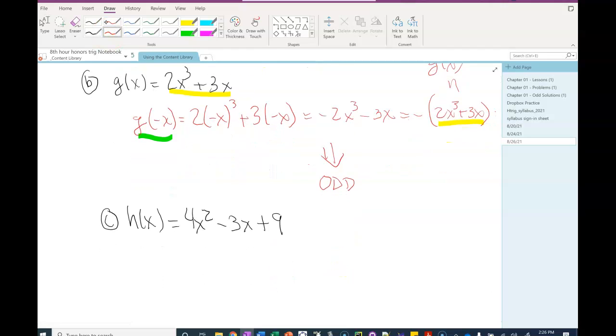So let's say we have h of x is 4x squared minus 3x plus 9. Again, we'll start the same way, looking at h of negative x and plugging the negative x's in. 4 times negative x squared is just 4x squared.